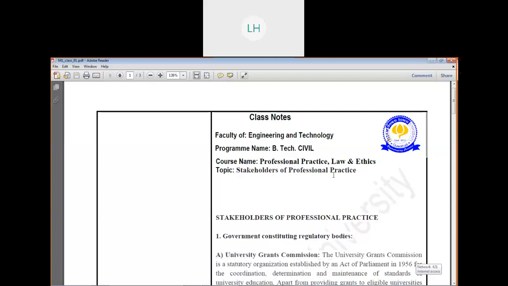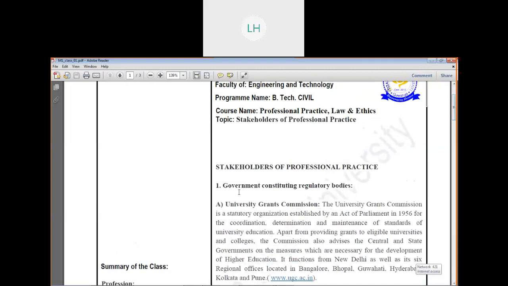So they are known as stakeholders of professional practice. Let's discuss different stakeholders of professional practice in India or in general. First we'll discuss the government constituting regulatory bodies.